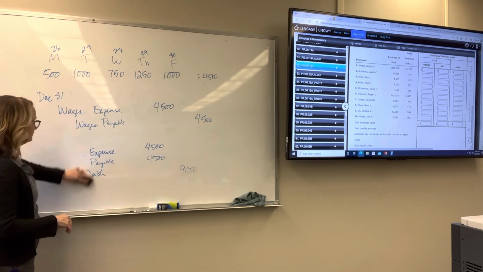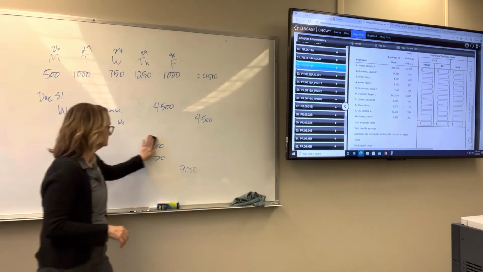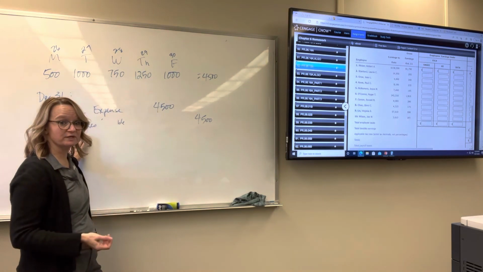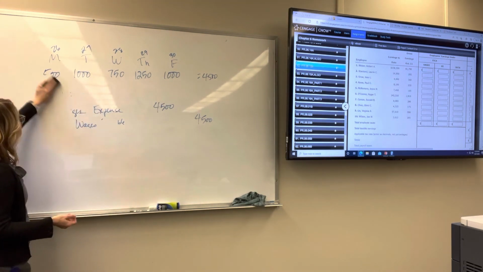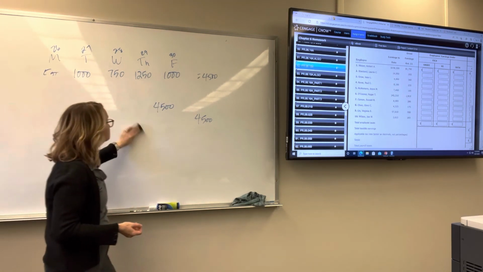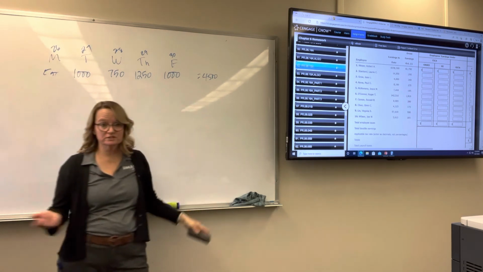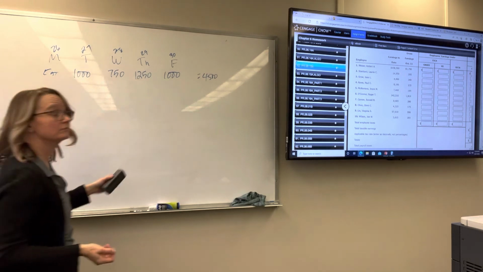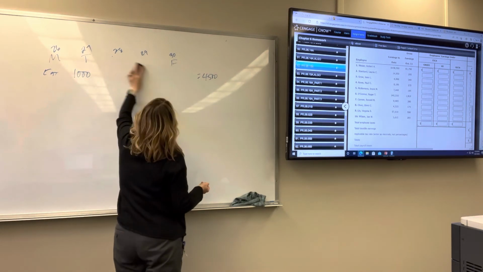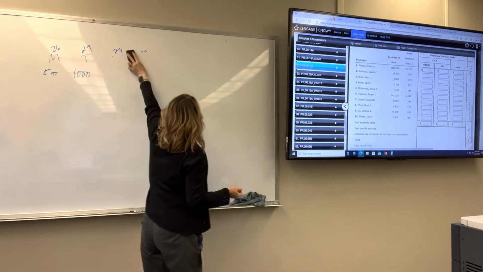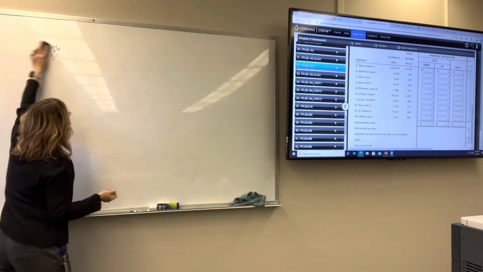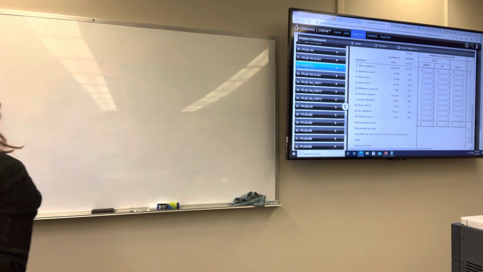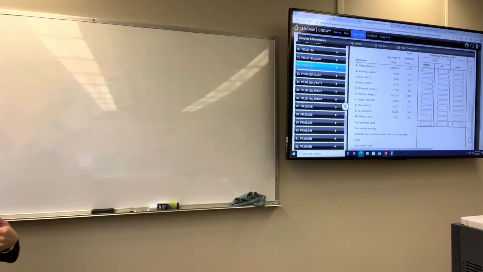So what does that tell you as far as his Social Security? What's the Social Security wage base? 142,800. Yep, 142,800. So, before this pay period, he hadn't earned that much, but my guess is during this pay period, he starts to surpass 142,800.